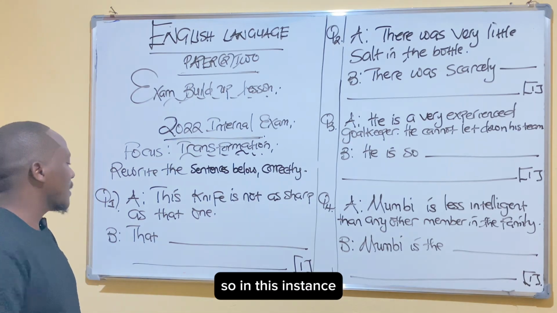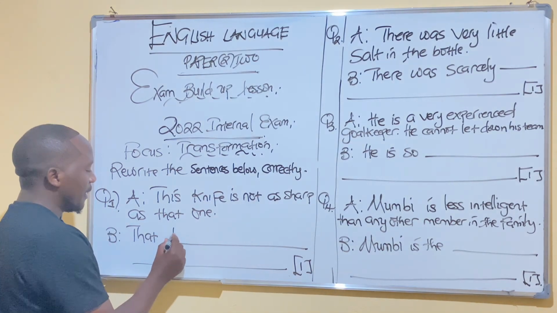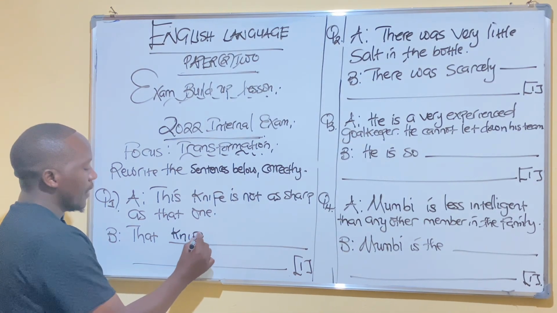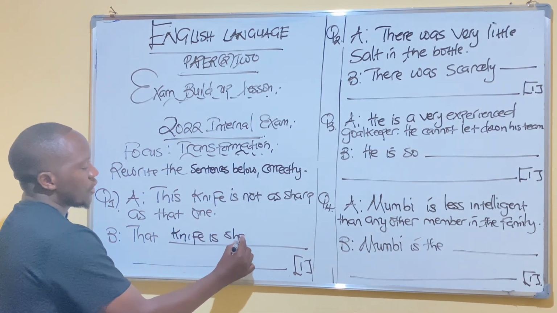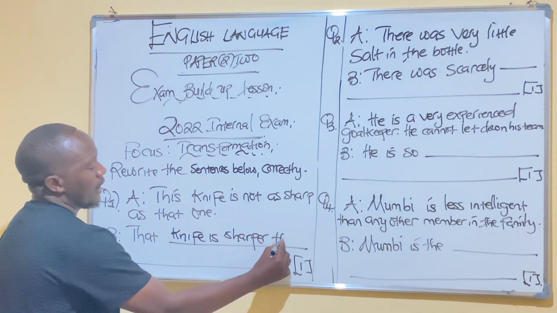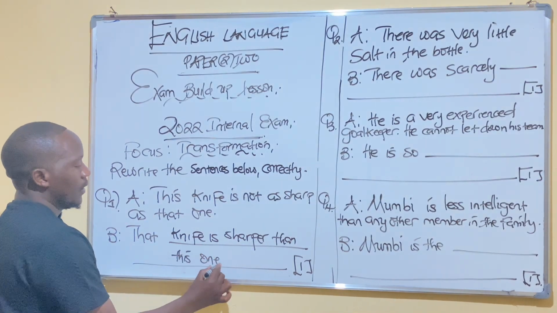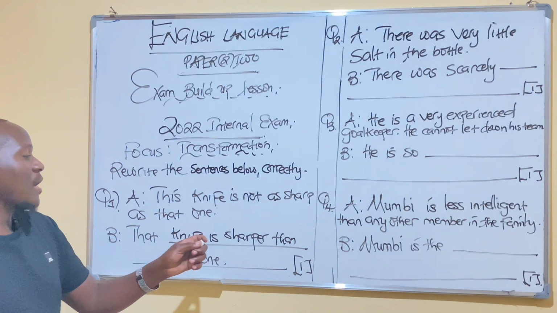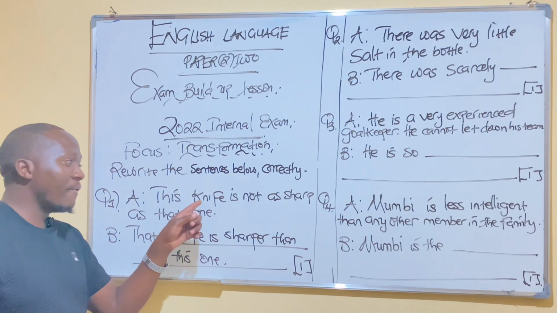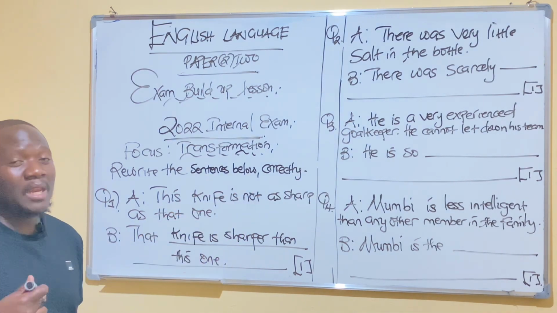So we're going to say that knife is sharper than this one, because this knife is not as sharp as that one, meaning that is sharper.